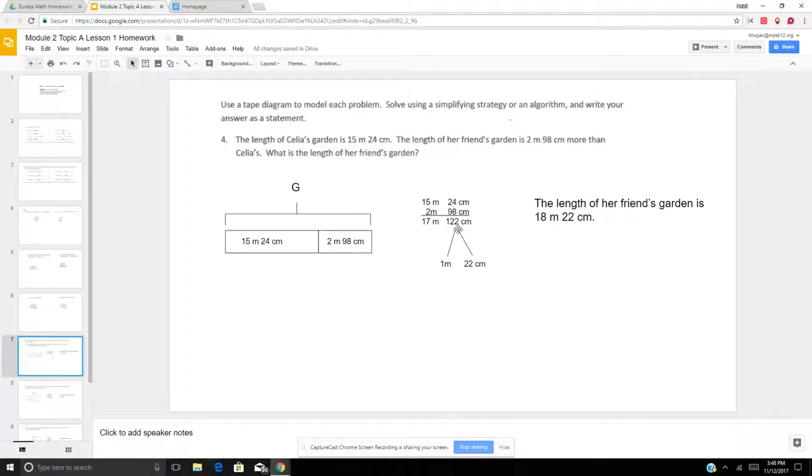When I add the centimeters, I get 122 centimeters. So I have to make a number bond, and I know that 100 centimeters is 1 meter, and then I have 22 left. So 17 meters plus 1 meter is 18 meters, and there are 22 centimeters left. The length of her friend's garden is 18 meters, 22 centimeters.